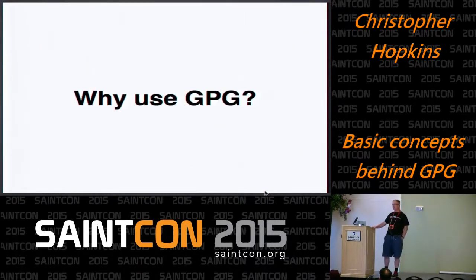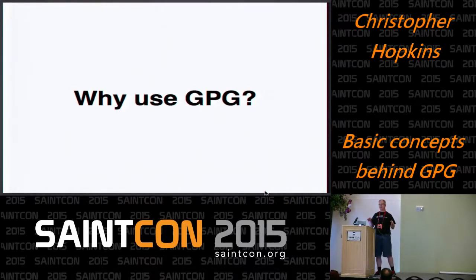So, okay. So, the first question, right? Why? Let me back off a little bit into the history. It's the early 90s, and Phil Zimmermann wrote PGP, and there are 3 terms I should explain. There's PGP, Pretty Good Privacy, there's OpenPGP, and then there's GPG.